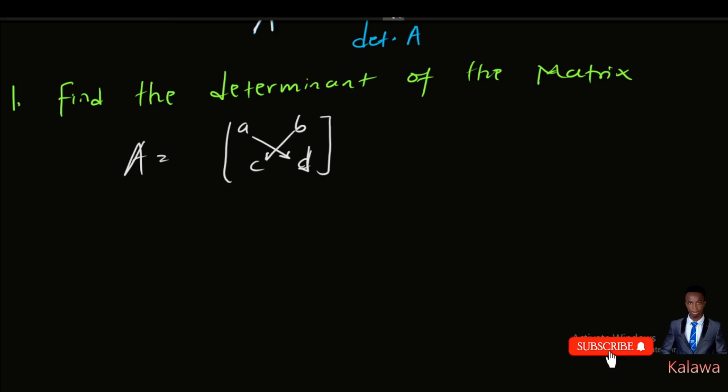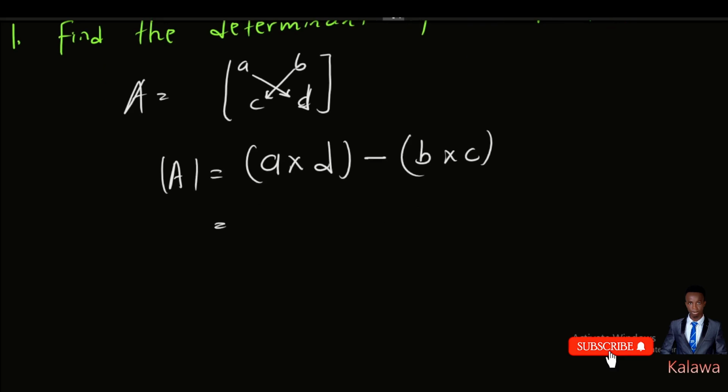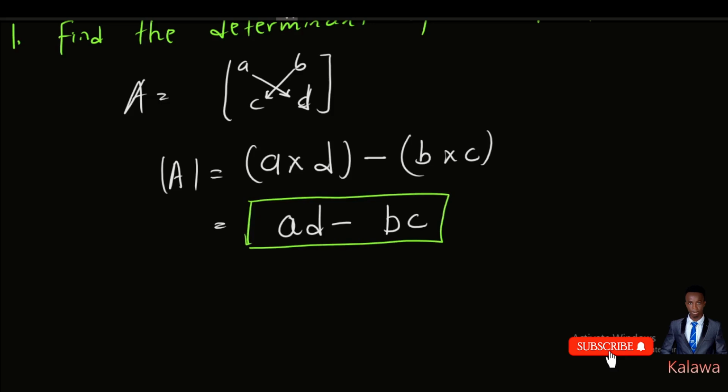That is A multiplied by D, and then B multiplied by C. We subtract there. So the determinant is going to be A multiplied by D minus B multiplied by C. So this is going to be AD minus BC.